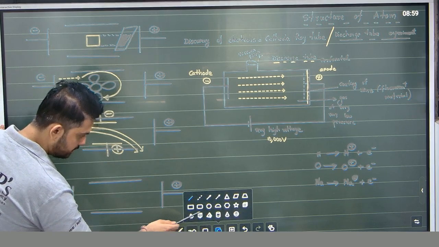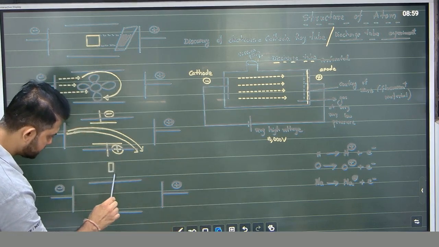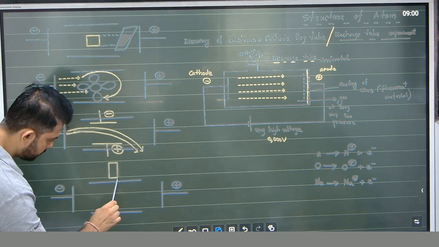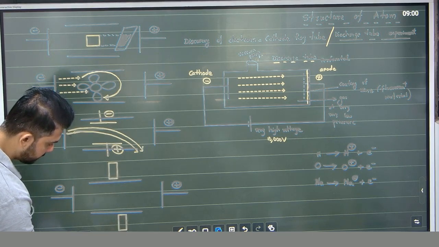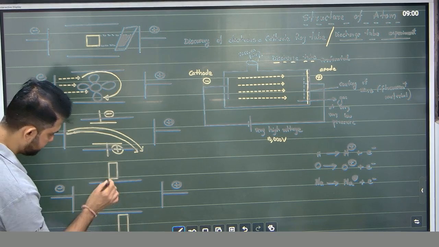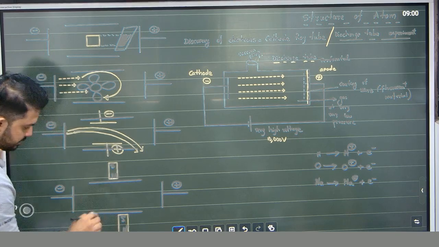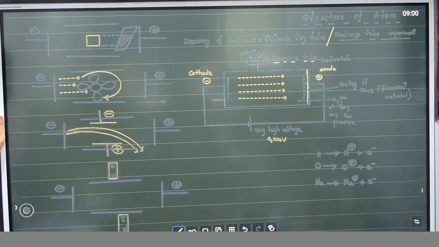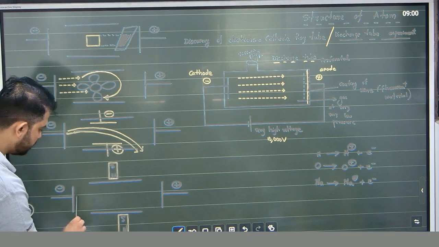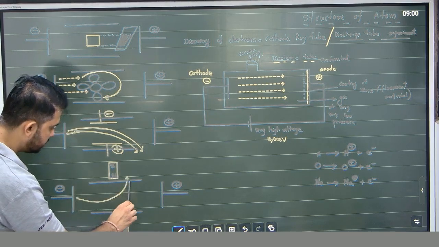Simultaneously, another way to determine is you apply a magnetic field. And there was a deflection also observed in the magnetic field.